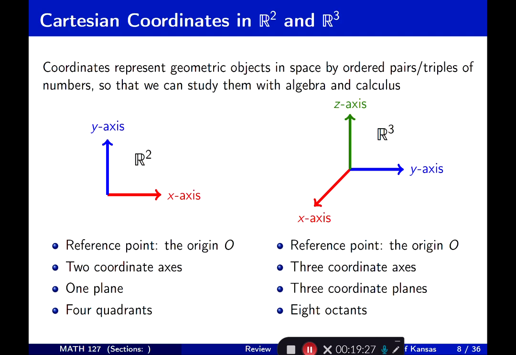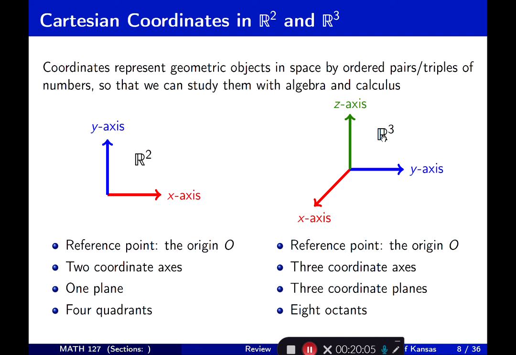And so let's talk about Cartesian coordinates in R2 and R3. Coordinates represent geometric objects in space by ordered pairs or triples of numbers, so that you can study them with algebra and calculus, basically. When you're talking about R2, this side is the real plane, which has an x-axis and a y-axis.